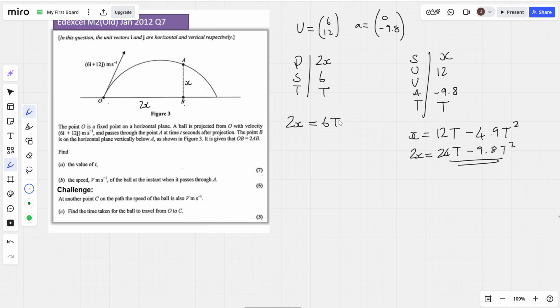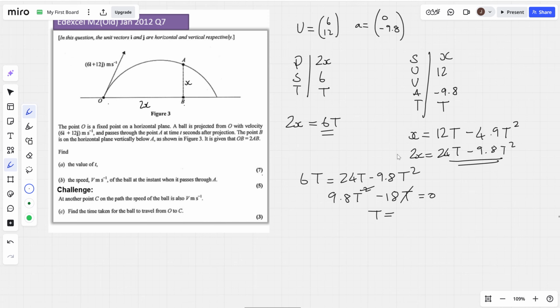We can now set these equal to each other. So 6t equals 24t minus 9.8t squared. 9.8t squared minus 18t equals 0. t equals 0 is not one that we are interested in this case.